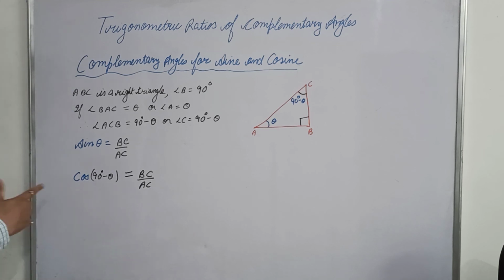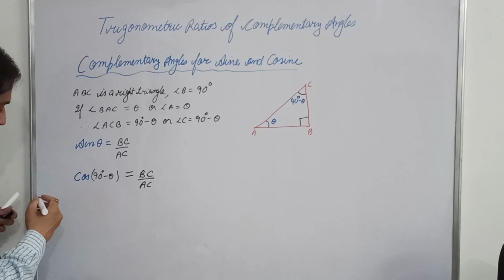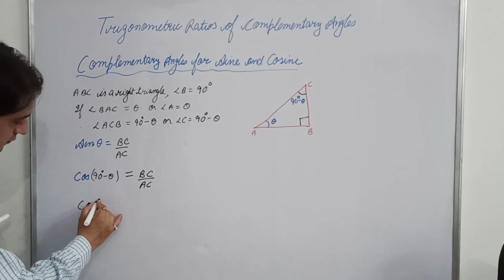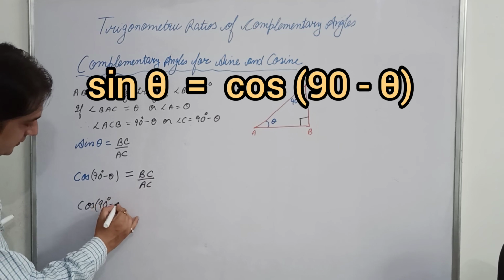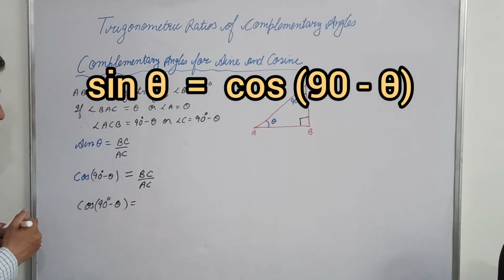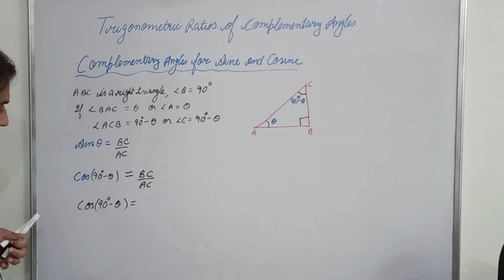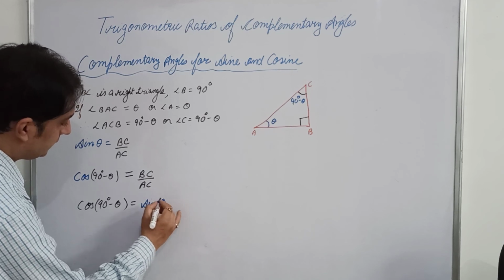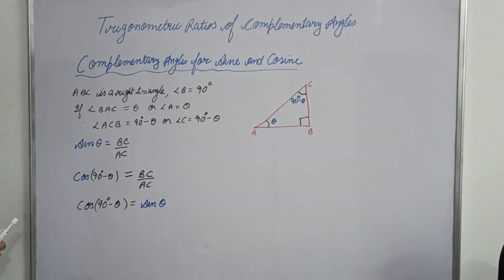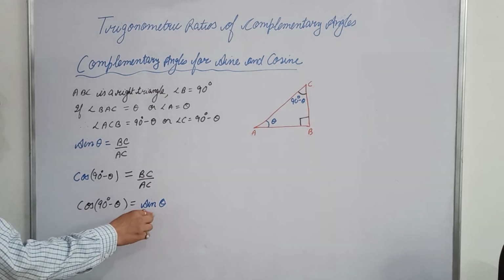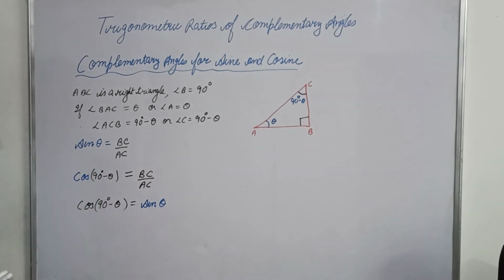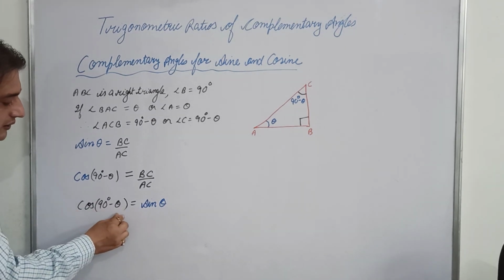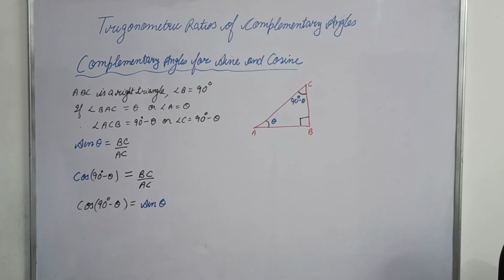From this you can write cosine of 90 degrees minus theta is equal to sine theta. Cos of an angle is equal to sine of its complementary angle. So remember this: cos 90 minus theta equals sine theta, right?